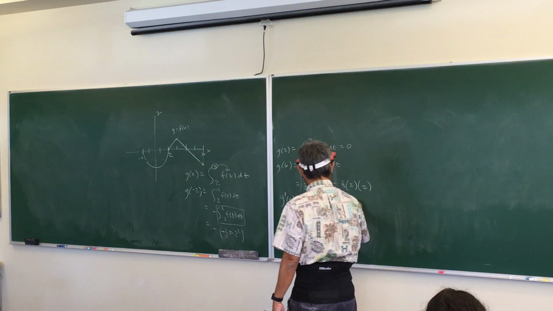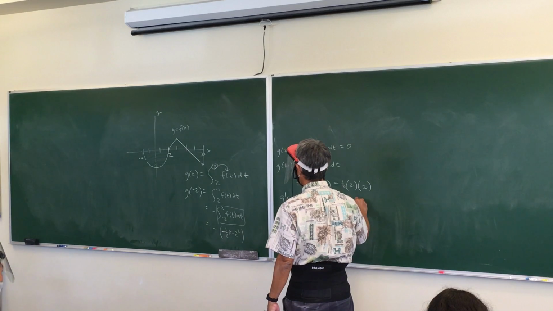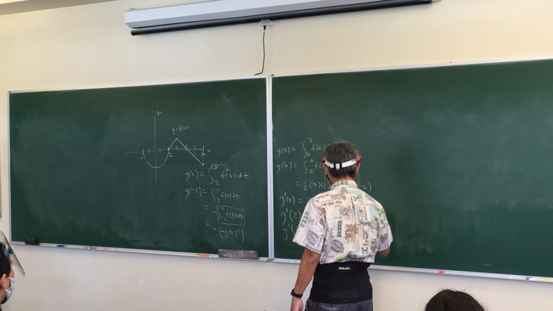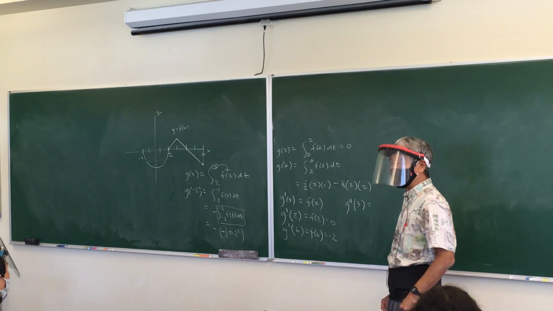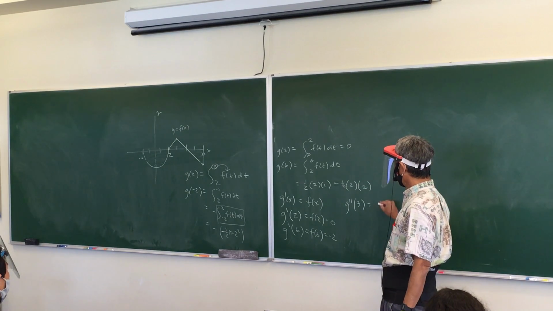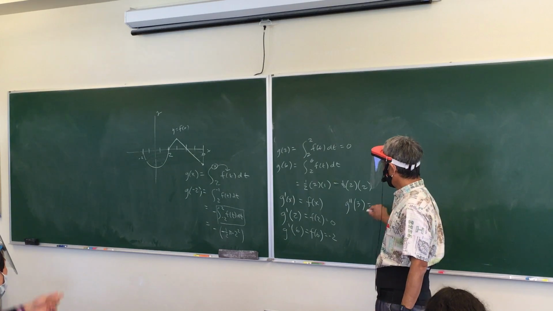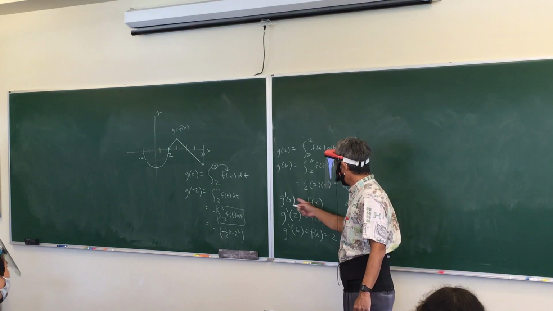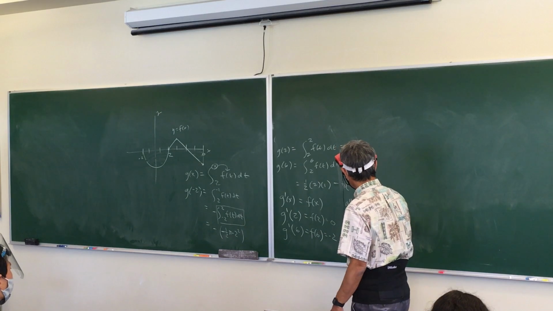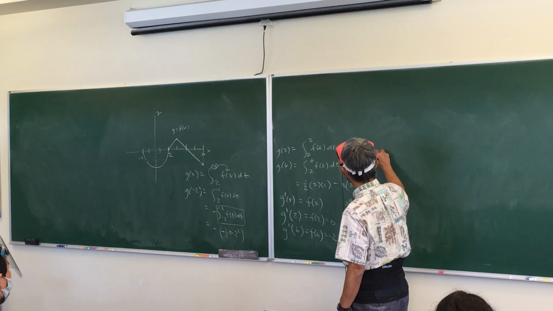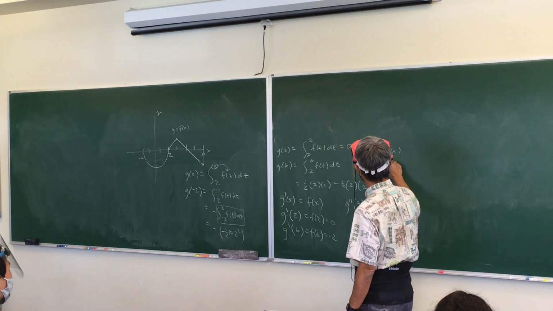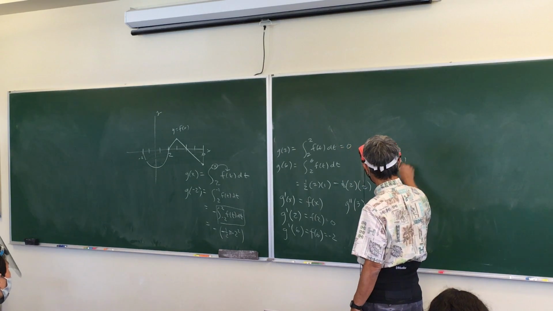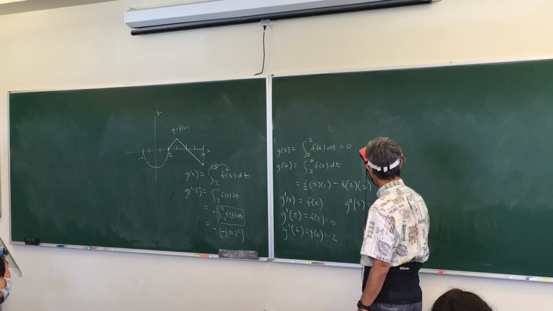Compute g double prime of 3. Do you take the slope of that? Yeah, so you can go, okay, well, if g prime of x is equal to f of x, what is g double prime of x equal to? F prime of x. So therefore, g double prime of 3 equals f prime of 3.